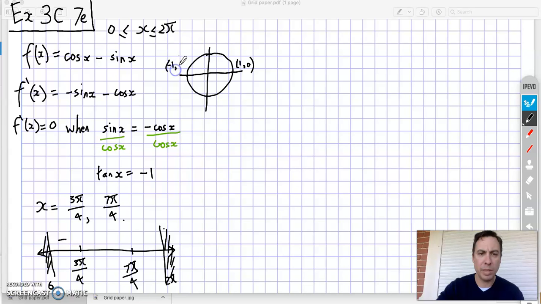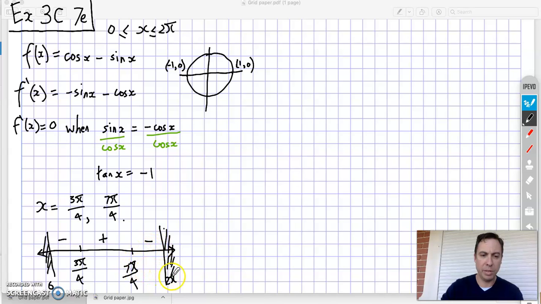Cos will be minus 1, sine will be 0. If I put pi into cos, then I get minus 1, but it's times minus, so this is now positive. And I'm pretty sure that's going to be negative. Let's think about it though.